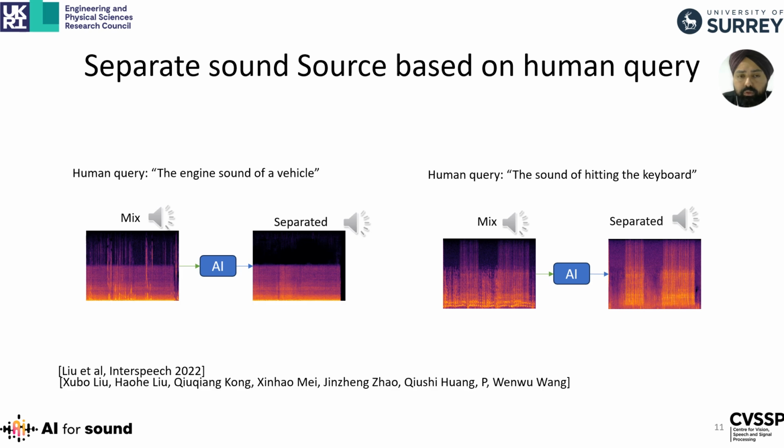So this example contains speech and background engine sound. While recording the dataset, this data might be sensitive to private information. So the task is to separate out the different sound sources within this recording, and we can give a human query, let's say, the engine sound of a vehicle.